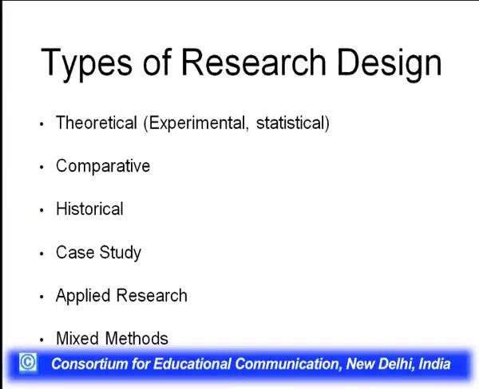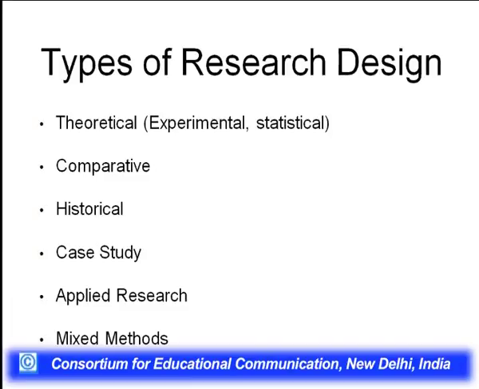Now let me give you an idea of what the types of research design in social science are. One could be theoretical research, where some people also divide it into experimental research, and the second would be statistical research. Statistical is also known as quantitative research. And the second one would be comparative research.